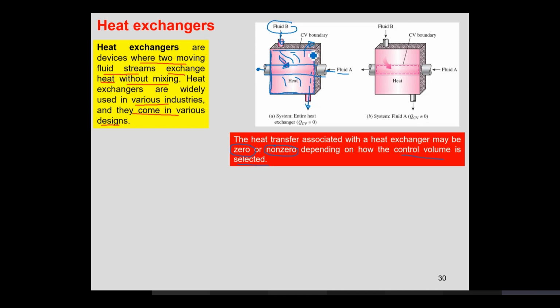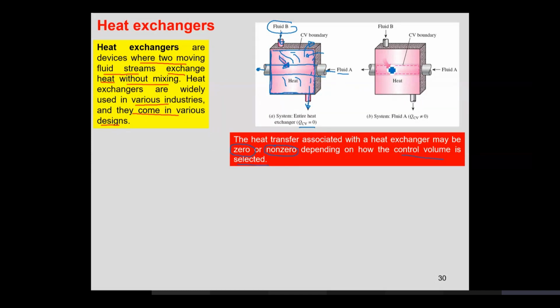No heat flows out of this boundary, and no heat flows into it. The heat transfer from fluid B to fluid A takes place within the control volume. Since it is not crossing the control volume boundary, you would consider this a case where your control volume has zero heat transfer.